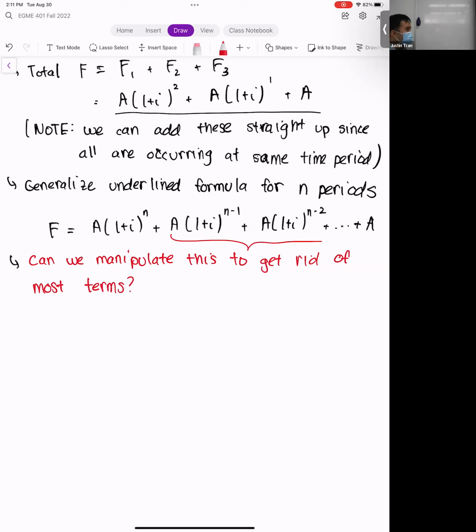I kind of spoiled it a little bit because I marked with the bracket the terms that we actually want to get rid of. The way we're going to get rid of that is we're going to take the same formula here and multiply it by 1 plus I.